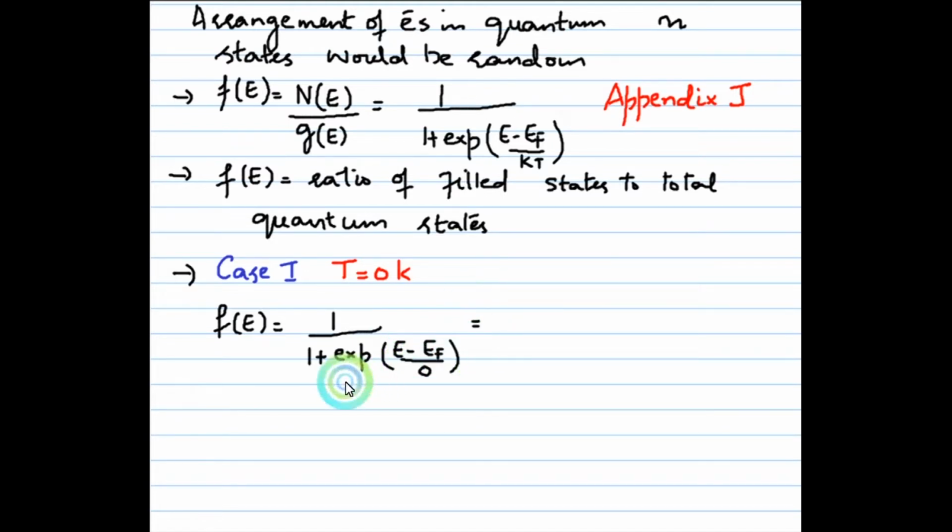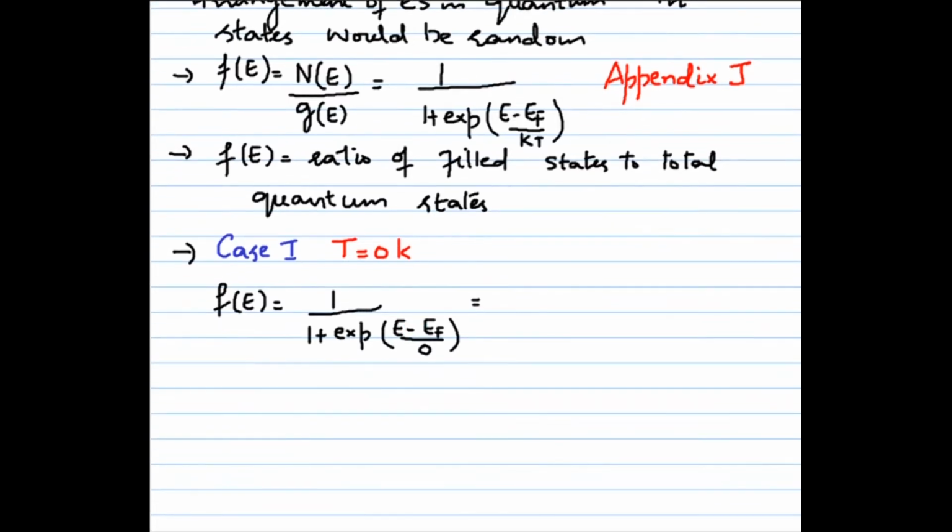It appears that this will turn out to be 1. Yeah, because 1 upon 0 will be infinity, and exponential of infinity will be infinity, and then 1 upon infinity will be 0. But we have two more cases here, depending upon the value of the energy, that is E lesser than EF and E greater than EF.